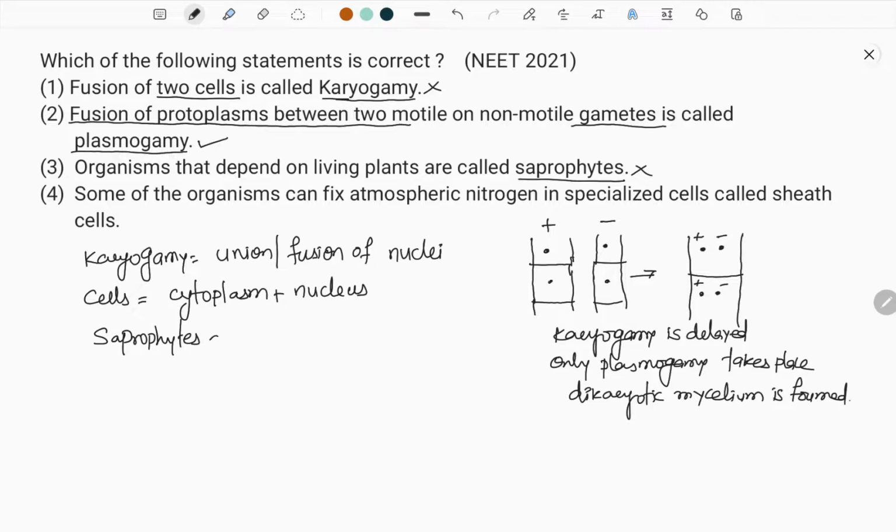So saprophytes get food on dead and decaying organic matter. They are called as saprophytes.